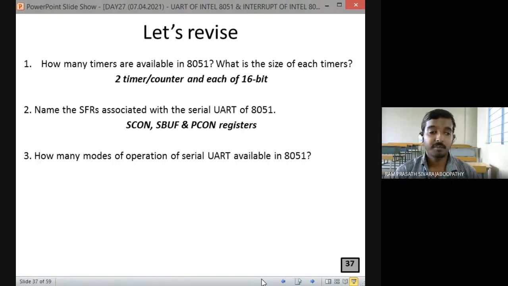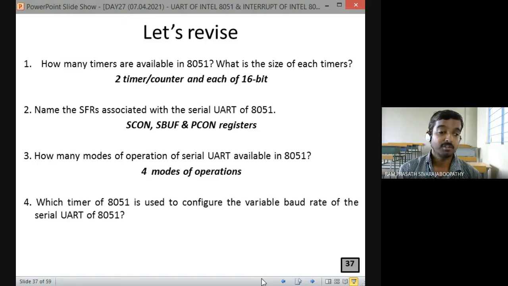How many modes of operation are available in the serial UART of 8051? Yes, 4 modes of operation. Which timer of 8051 is used to configure the variable baud rate of the 8051 UART?